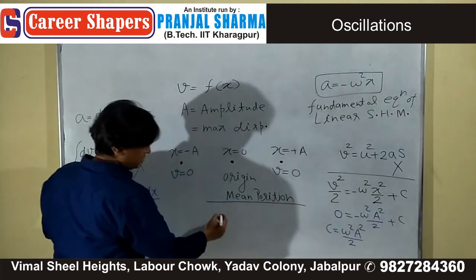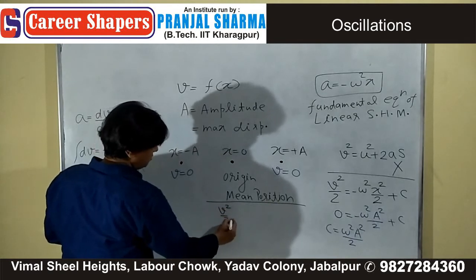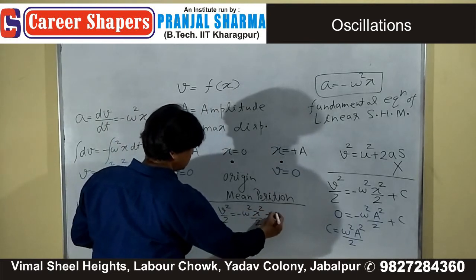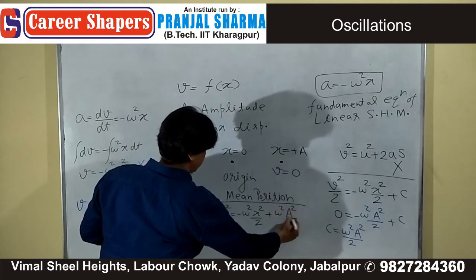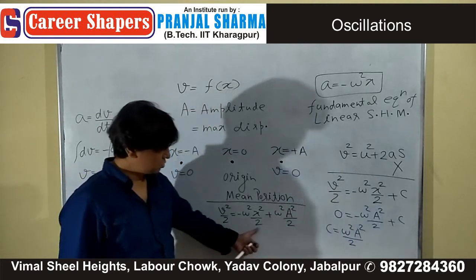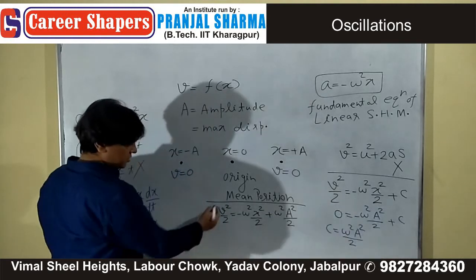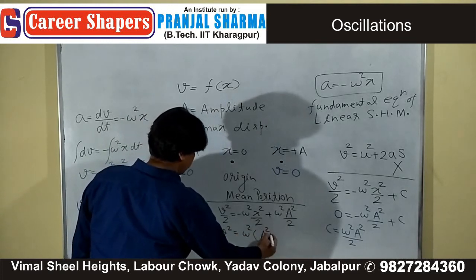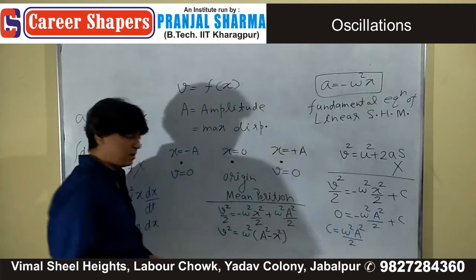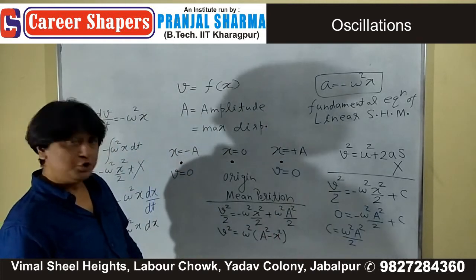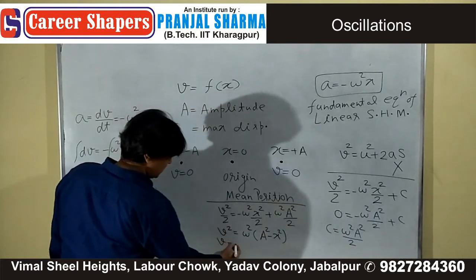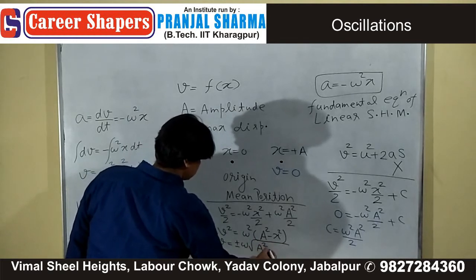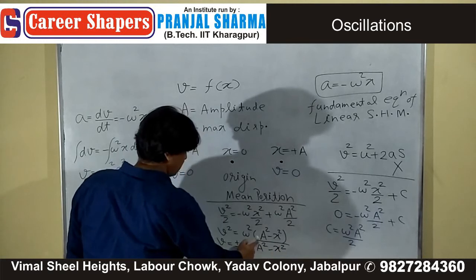When we put it back, it becomes v square by 2 minus omega square x square by 2 plus c, which is omega square a square by 2. 2 cancelled. This is v square, take omega square out, a square minus x square, which you can write as v equals plus minus omega root over a square minus x square.